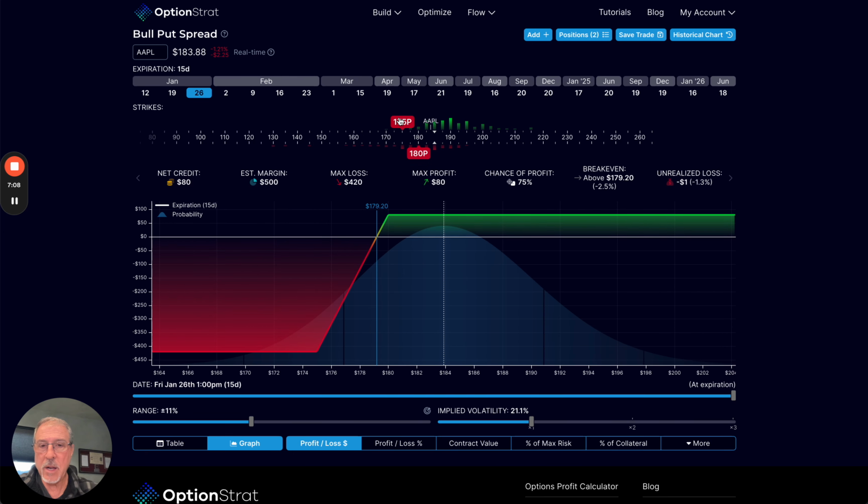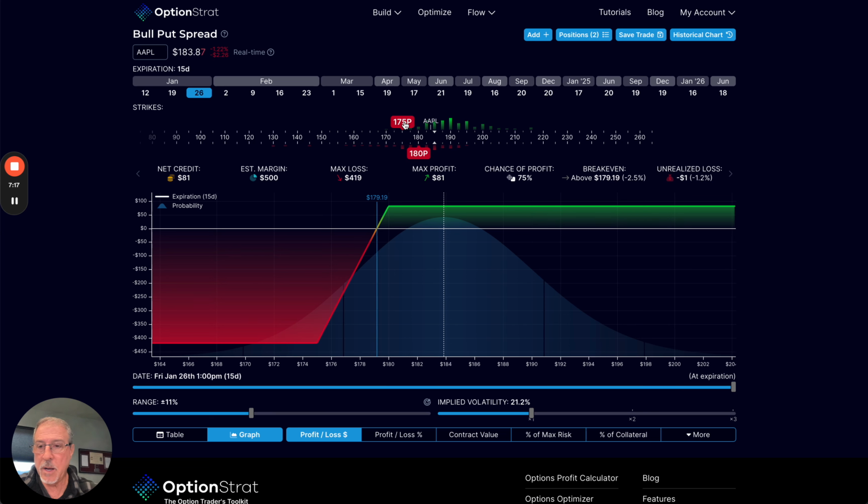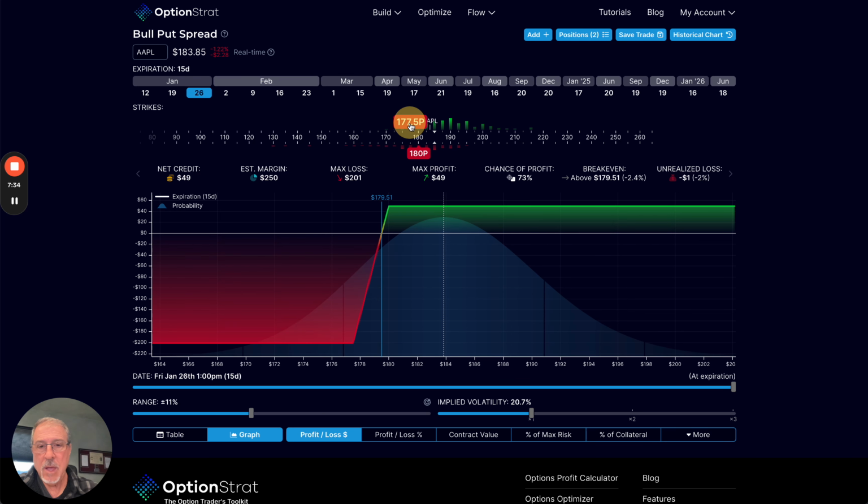So I can come in here and look at where do I want to sell my particular put spread, and what do I want to buy as my backup, as my protection on this put spread. So I can come in right to this general area here. Again, if my premise is that I don't really think it's going to go much below 180, I can sell the 180 put, and then I can buy some sort of closer put, a 177.5, you know, that does give me $200 in downside risk on this trade with potential profit of around $50.